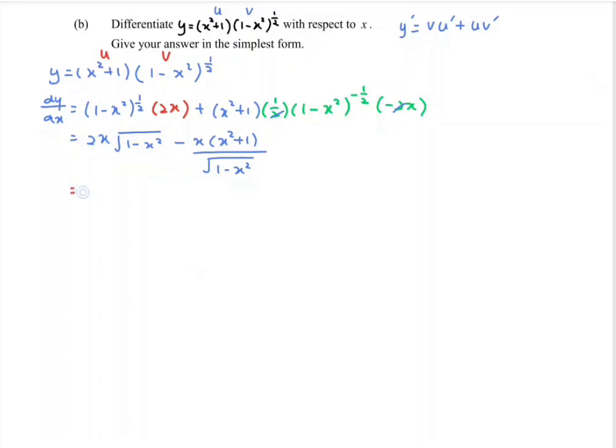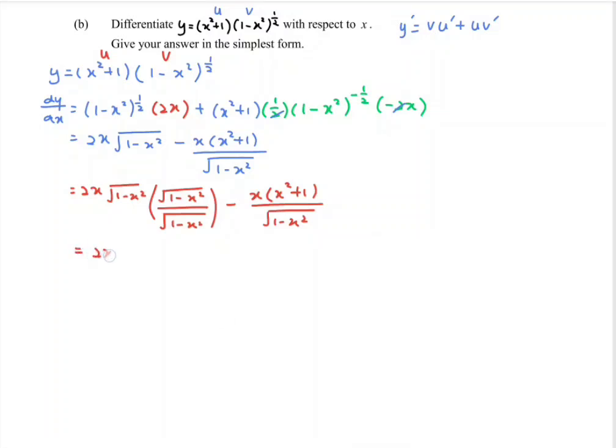So rewrite the situation. We have 2x times the square root of 1 minus x squared, multiplied by square root 1 minus x squared over square root 1 minus x squared, minus x multiplied by (x squared plus 1) over the square root of 1 minus x squared. Now we have the same denominator, so we can combine.